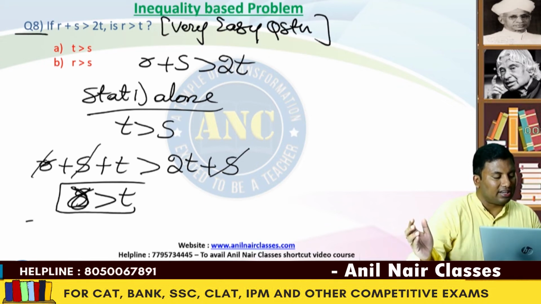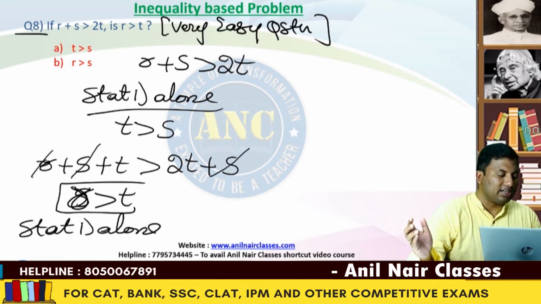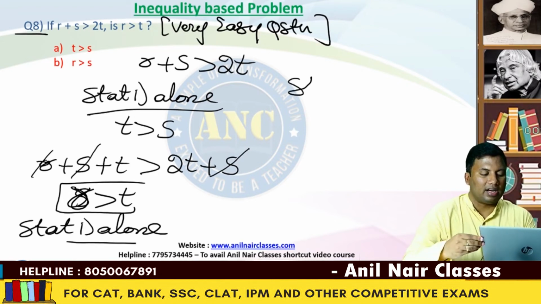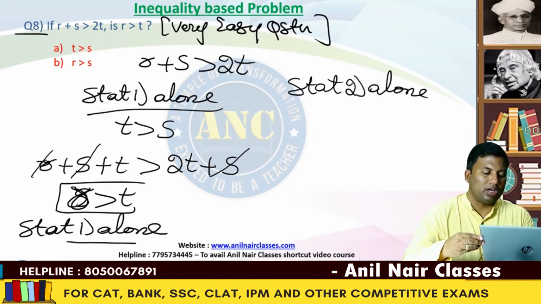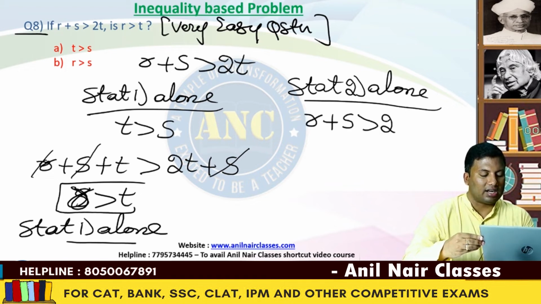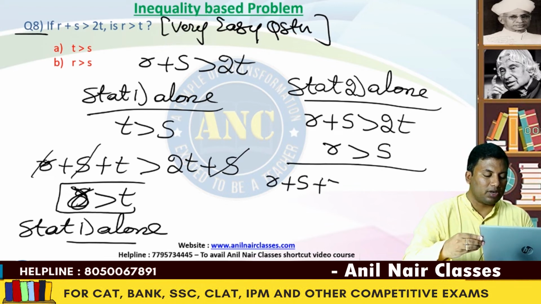R is greater than t means statement 1 alone is definitely yes, it is satisfying. Let us do statement 2 alone. What is statement 2? r plus s is greater than 2t, and r is greater than s. Again if I add it, r plus s plus r is greater than 2t plus s.